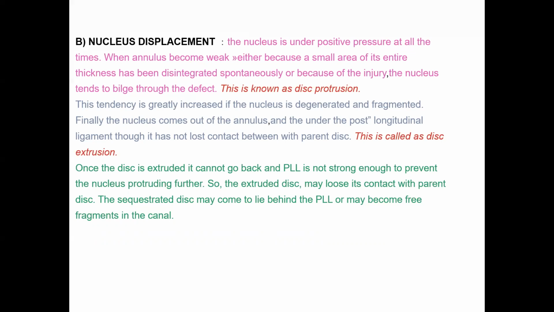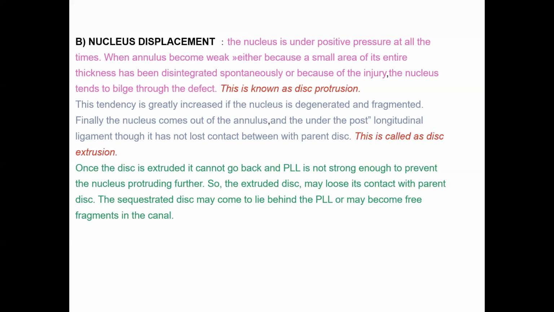This tendency is greatly increased if the nucleus is degenerated and fragmented. Finally, the nucleus comes out of the annulus and under the posterior longitudinal ligament, though it has not lost contact with the parent disc. This is called disc extrusion.